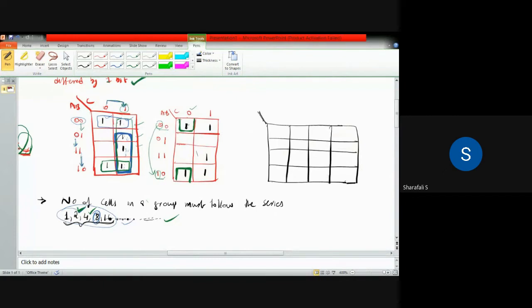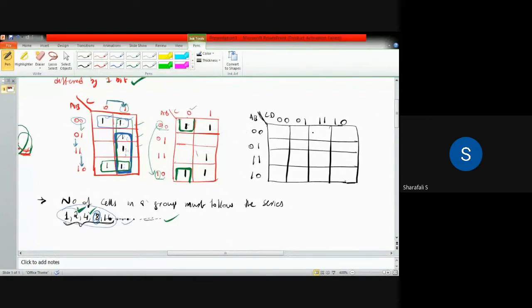Okay, let's consider a 4 by 4 K-map, 4 variable K-map.